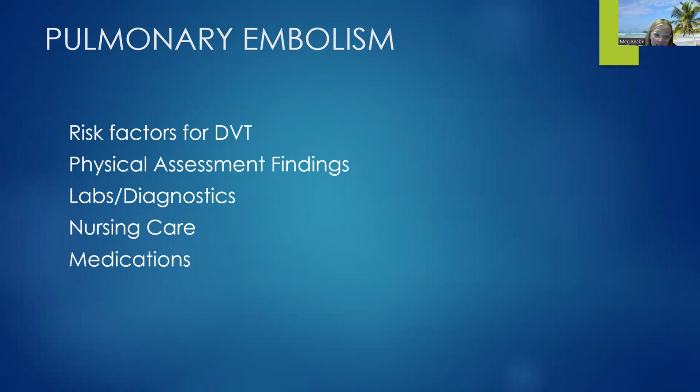Alteplase is a fibrinolytic, and it breaks down formed fibrin clots. Fibrin is an insoluble protein formed from fibrinogen during the clotting of blood. Alteplase is indicated for patients who are hemodynamically unstable secondary to pulmonary embolism. So watch for a drop in blood pressure and an increase in heart rate when you have patients with pulmonary embolism.